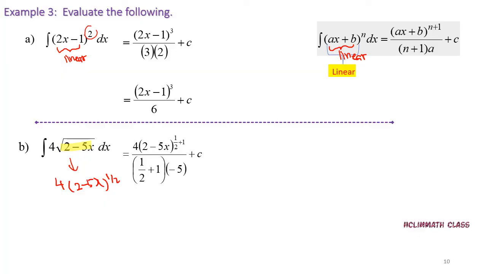That's why we can add up the power and divide by 1 over 2 plus 1, multiply by the minus 5. How you get your minus 5 is that you differentiate your 2 minus 5x, so you get a negative 5. So that's why you will get this. Okay, clear? Only then you simplify, and you will get the final answer of this.